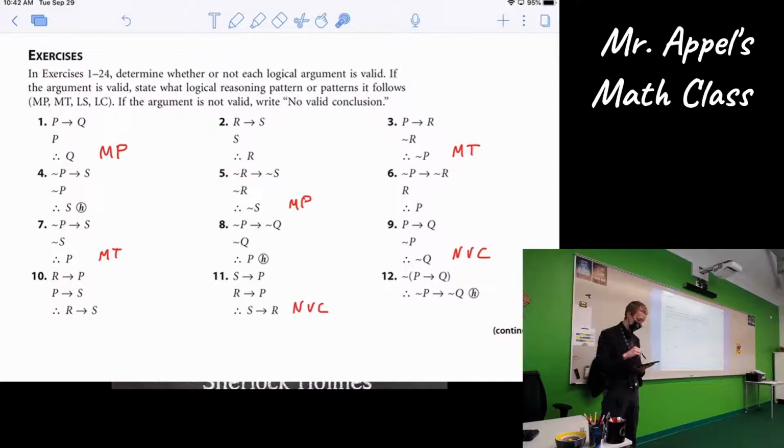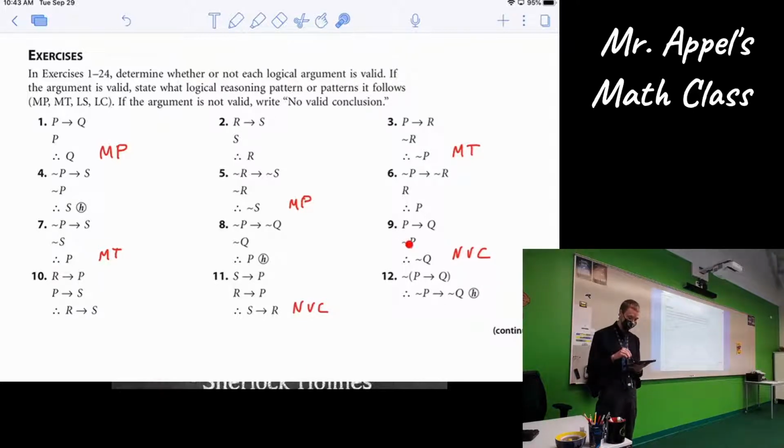All right. So number 1, straightforward modus ponens. Number 3, plain old modus tollens. Number 5, despite all the negations there, it is still modus ponens because they match. As long as they're both being negated, that's fine. 7 is a modus tollens. 9, however, is no valid conclusion.